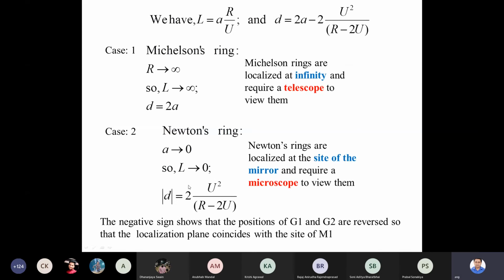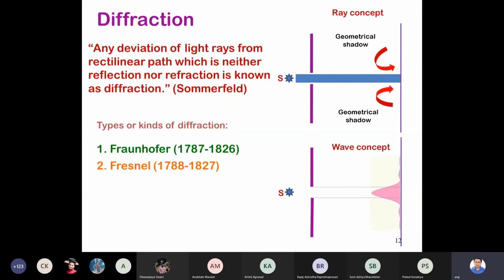The negative sign shows that the positions of G1 and G2 are reversed, so that the localization plane coincides with the site of M1.